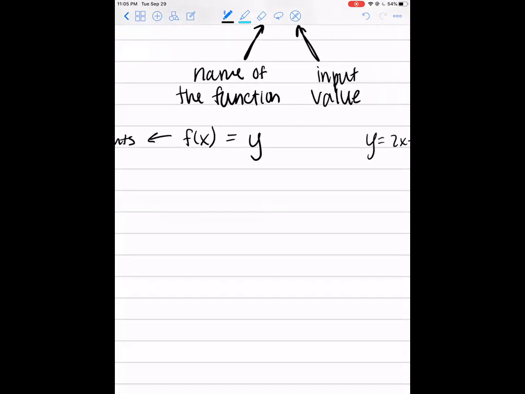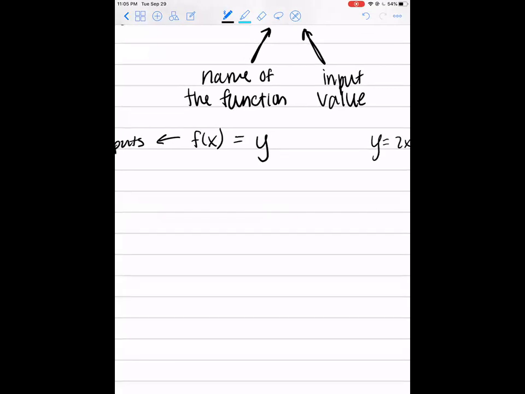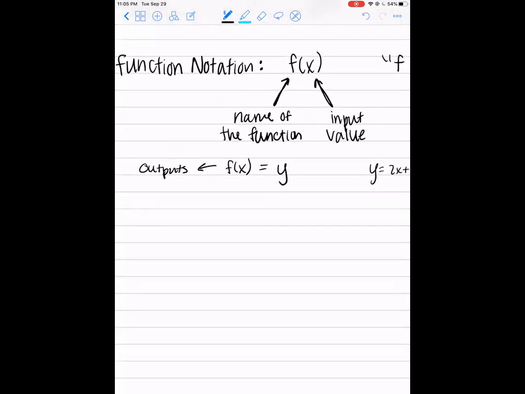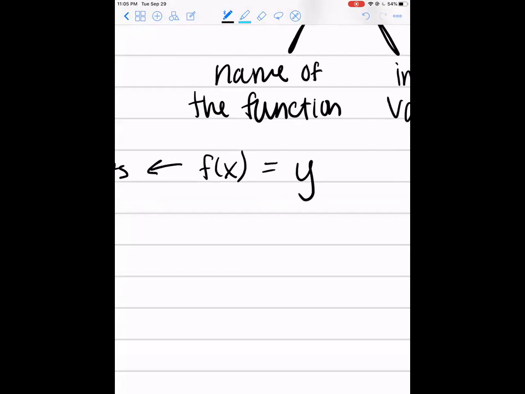The main reason why I want us to remember this is I know a lot of students try to then, once they solve and evaluate a function, they'll try to divide by f, or try to get x by itself. That is very wrong. We are not doing that. F of x is saying the same thing as y. It's our output.